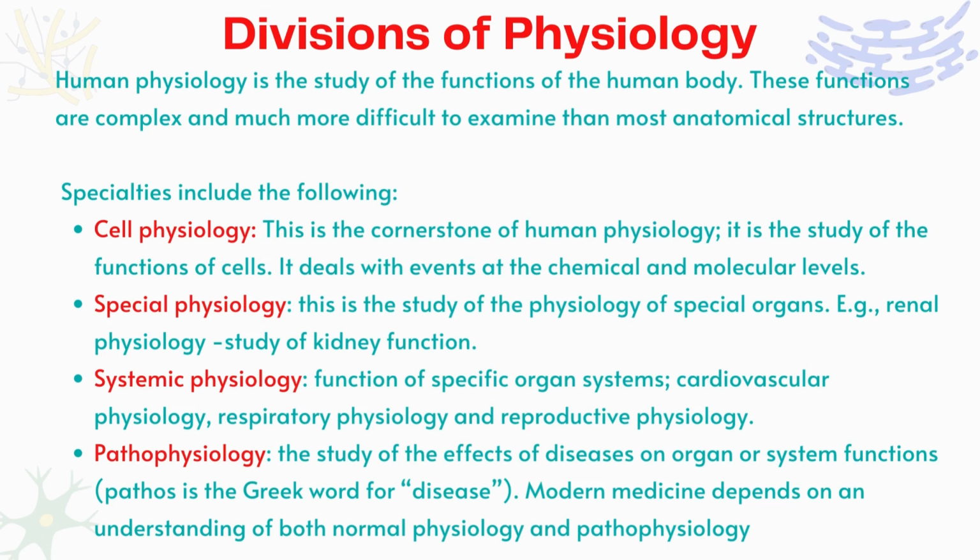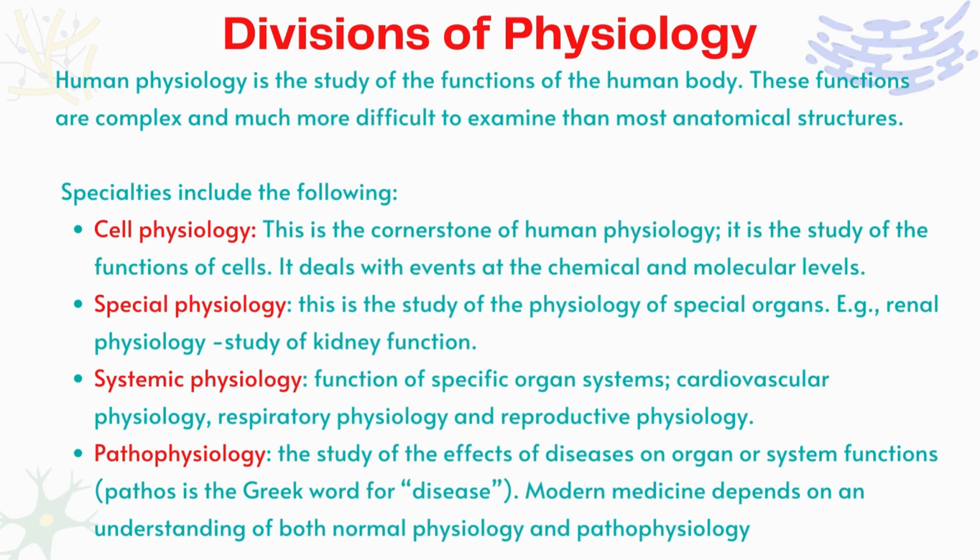And then we have special physiology. Under special physiology, we study the physiology of special organs. For instance, we have renal physiology, whereby we study kidney functions. And then we have systemic physiology, which focuses on the function of specific organ systems. We have the 11 body systems, the cardiovascular system, for instance, and the respiratory system, and we study the functions of those systems under systemic physiology.